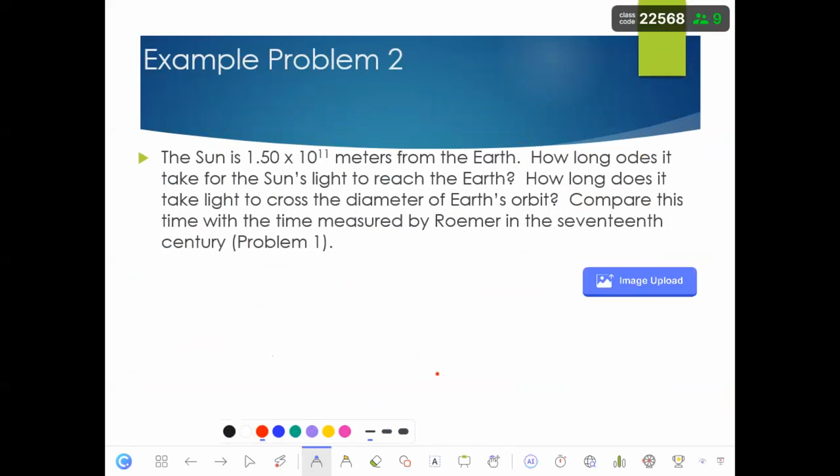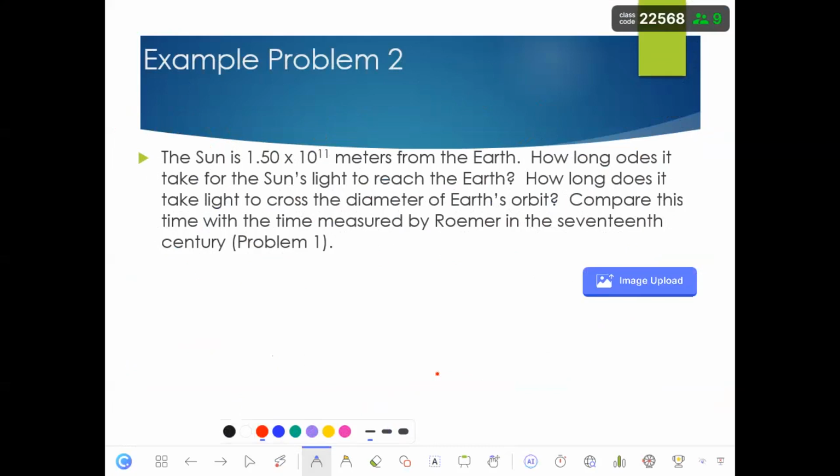How long does it take for the sun's light to reach the earth? How long does it take the light to cross the diameter of the Earth's orbit? Compare the time with the time measured by Roemer in the 17th century.